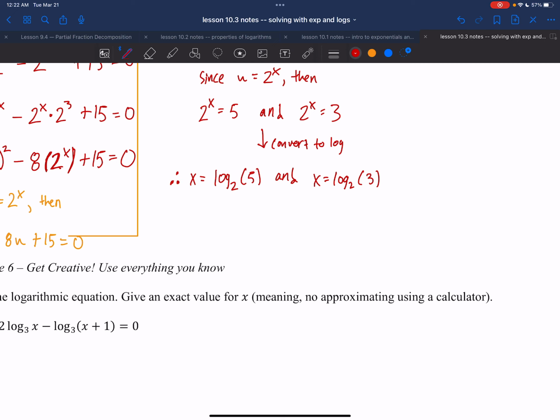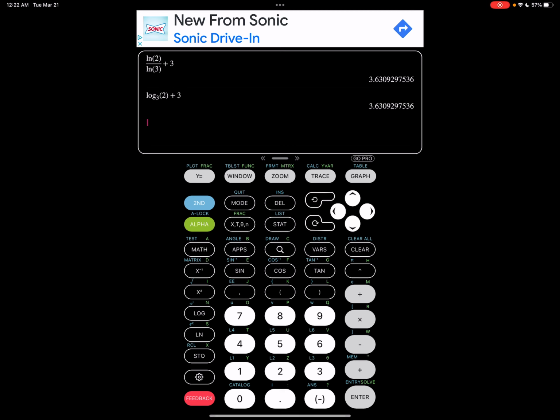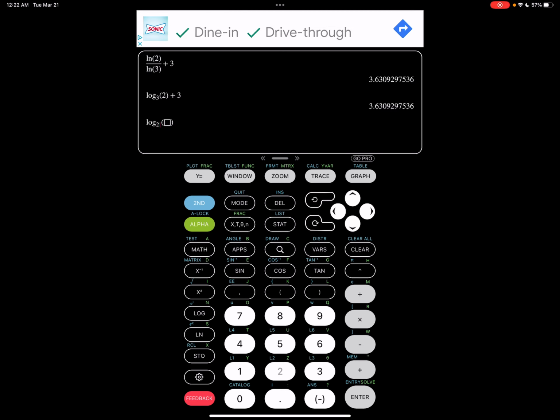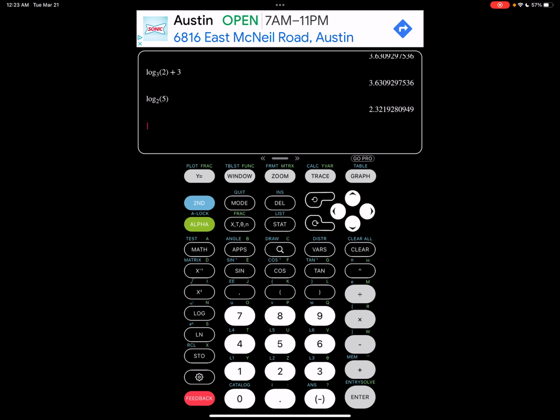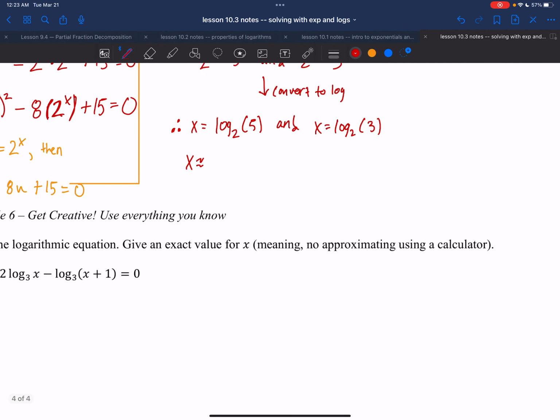I did ask for an approximation, so I'll say x is approximately log base 2 of 5. Let's go over here. Math. Log base 2 of 5 is 2.32.